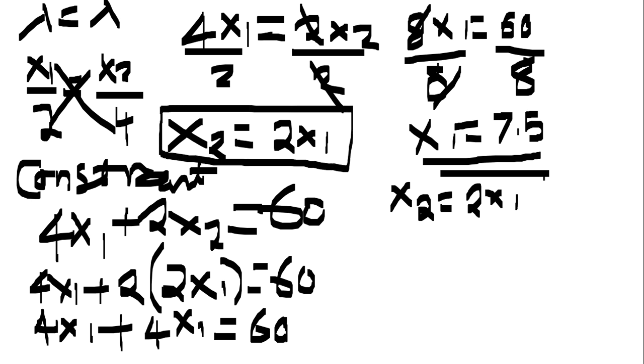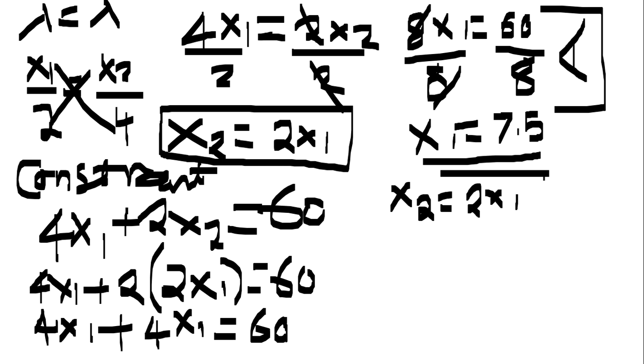After this, we went to the constraint, replaced x2 with 2x1. We solved and found that 4x1 plus 4x1 is equal to 60, then 8x1 is equal to 60. And we divided to find x1 to be 7.5, right?